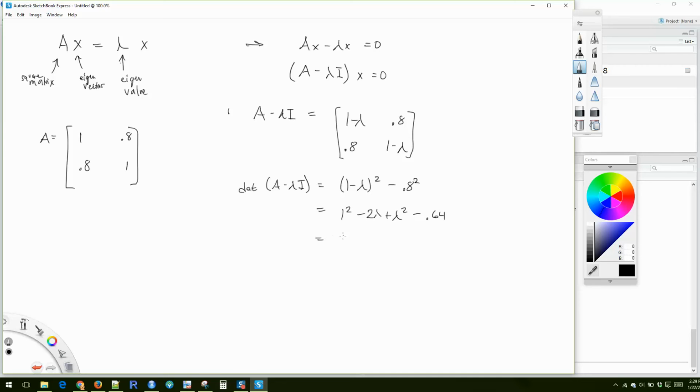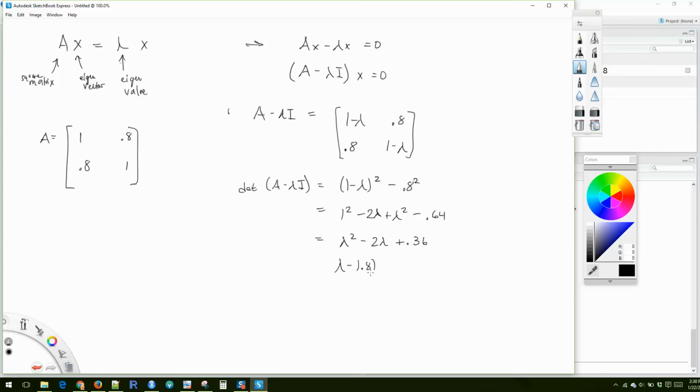And so what is this? This is lambda squared minus 2 lambda plus 0.36. Okay, and then we can factor this. What two numbers multiply to 0.36 and add up to negative 2?